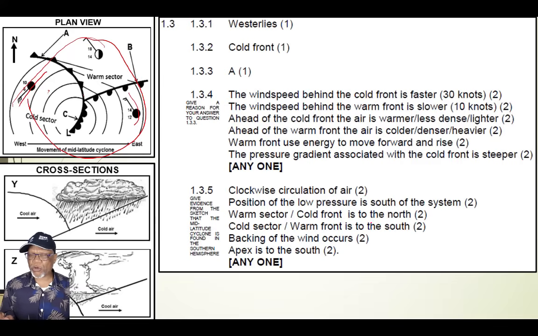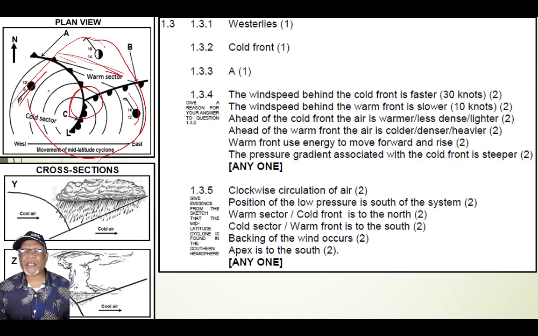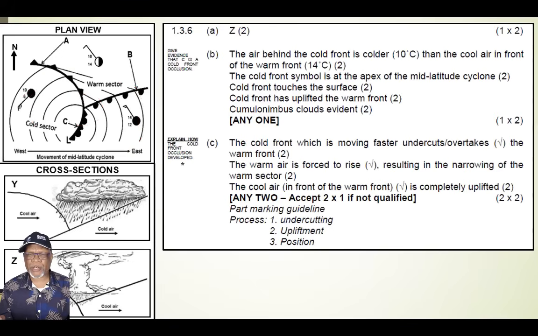The warm sector is in the north. And backing of the wind occurs, which is this change of wind direction. And the apex is to the south. The apex would have been in the north if it was in the northern hemisphere.